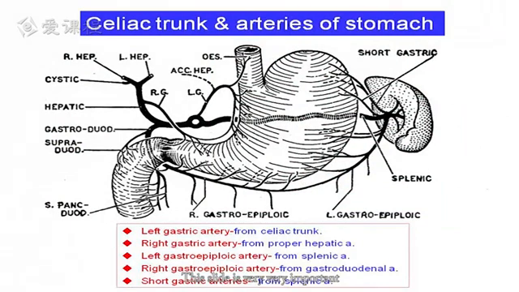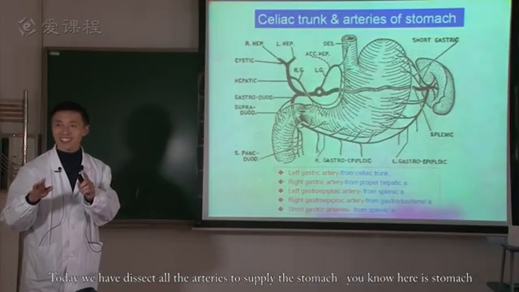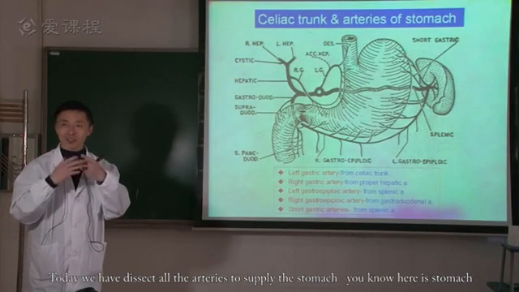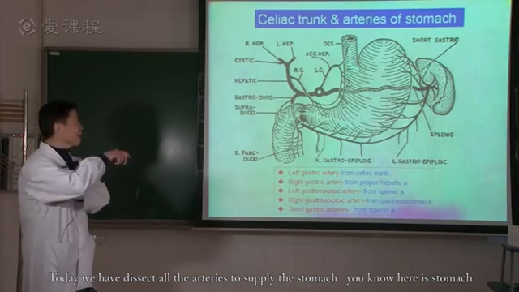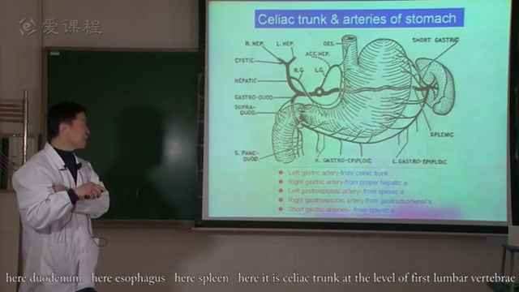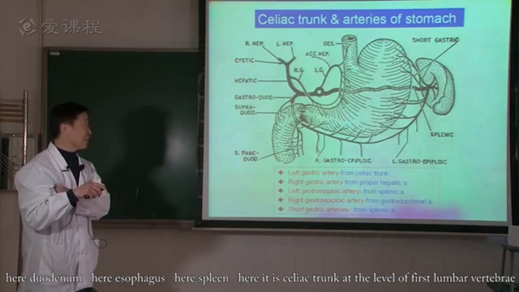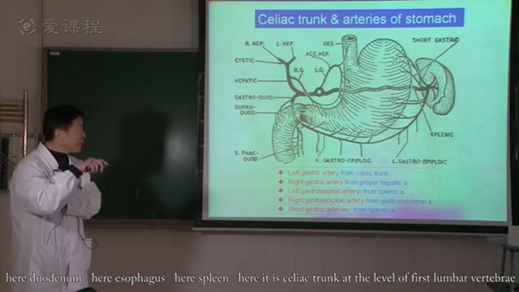This slide is very, very important. Today, we will dissect all the arteries that supply the stomach. Here is the stomach, here the duodenum, here the esophagus, here the spleen.